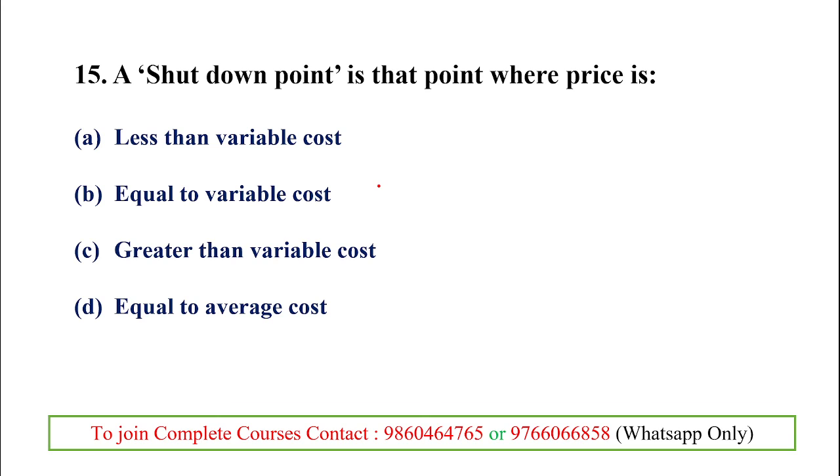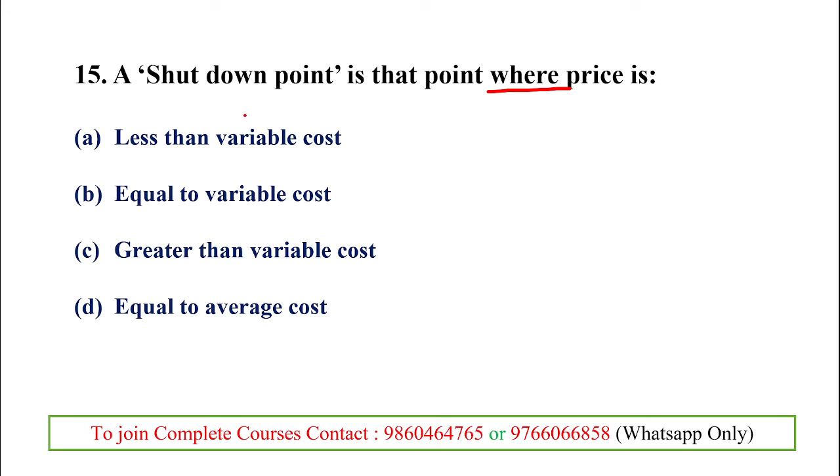Then this question is for you: the shutdown point is that point where the price is less than variable cost, or equal to variable cost, or greater than variable cost, or equal to average cost. We say that the variable cost is the cost that must be incurred by the firm to remain in business in the short run.